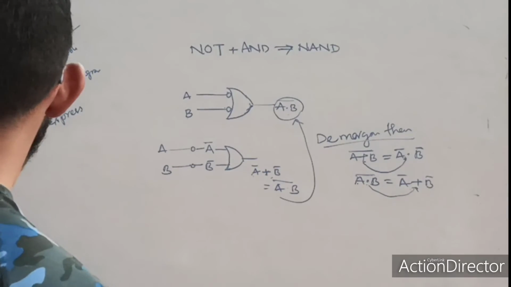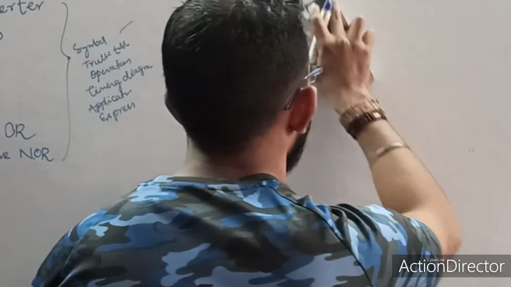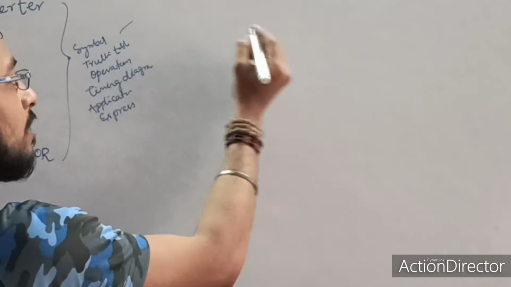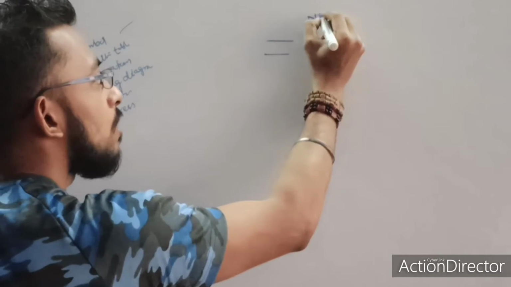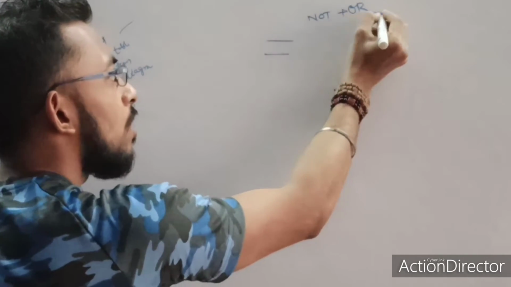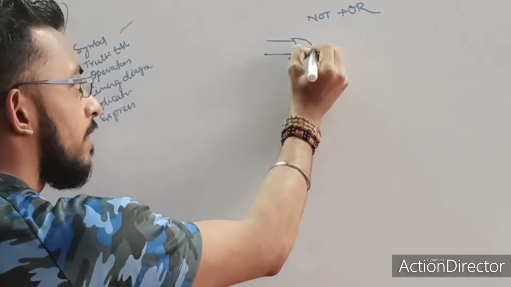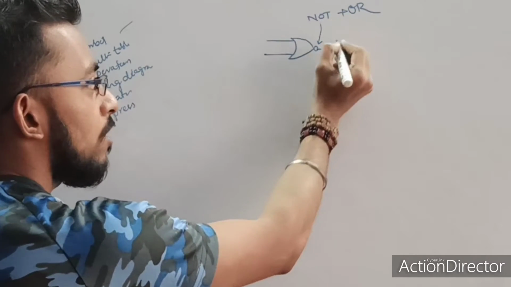Now let's see the NOR gate. For the NOR gate, let's see what the symbol representation is. NOR means NOT plus OR. So this is the OR gate, and in front of that I am going to add one bubble. That bubble will perform the NOT function.